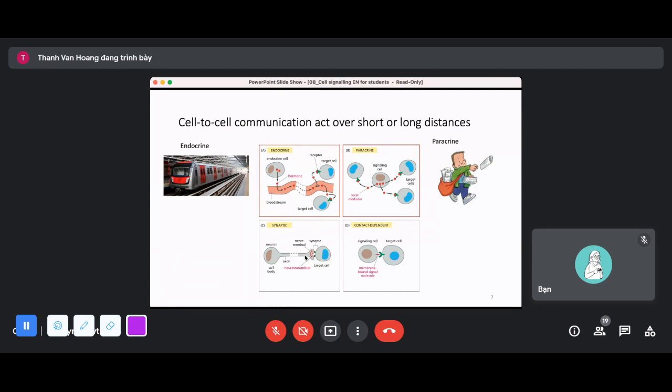So they can transfer the signal very quickly and quite specifically, right? It just affects the neighbor cells, so it's more or less a local signal.